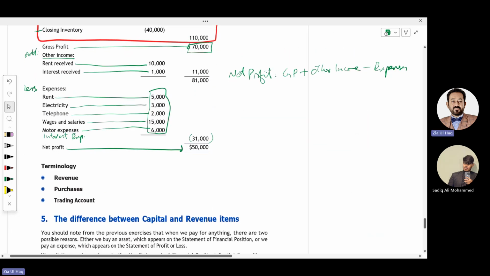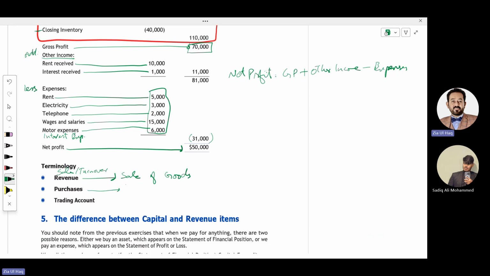So there are some terminologies. Revenue. This terminology is used for sale of goods. We can use the word revenue, we can use the word sales, we can use the word sales revenue, or there is another terminology used for this that is called turnover. Sales turnover, sales revenue, all these terms mean the same, sale of goods.